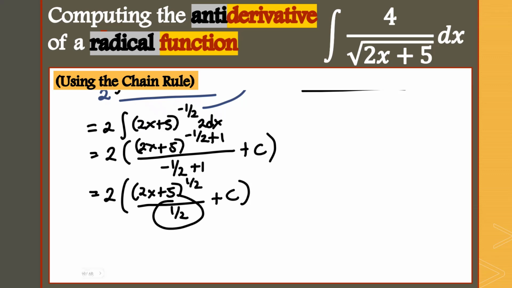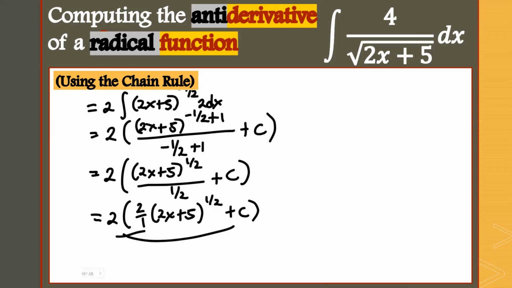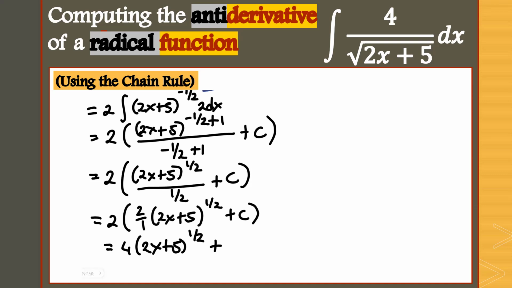We have a fraction as a denominator. Take it out using its reciprocal form. 2 over 1. You have 2x plus 5 to the power of 1/2 plus c. Or, when you multiply the 2 now to both terms, you will get here 4 times 2x plus 5 raised to the power of 1/2 plus 4c, or again, just to represent all types of constant for our c, you can just simply stick with c.